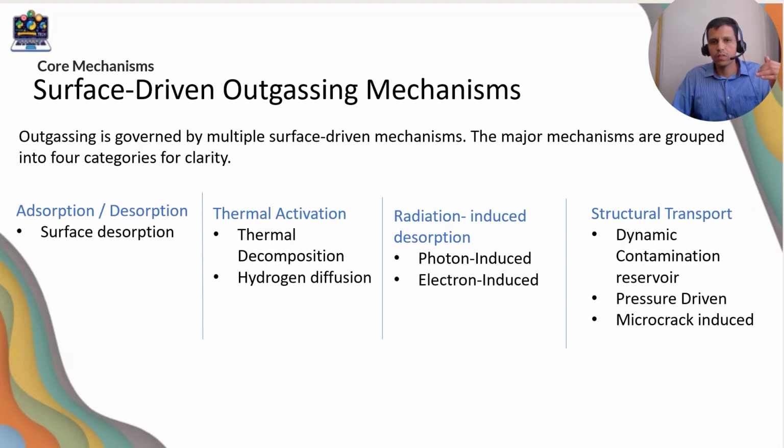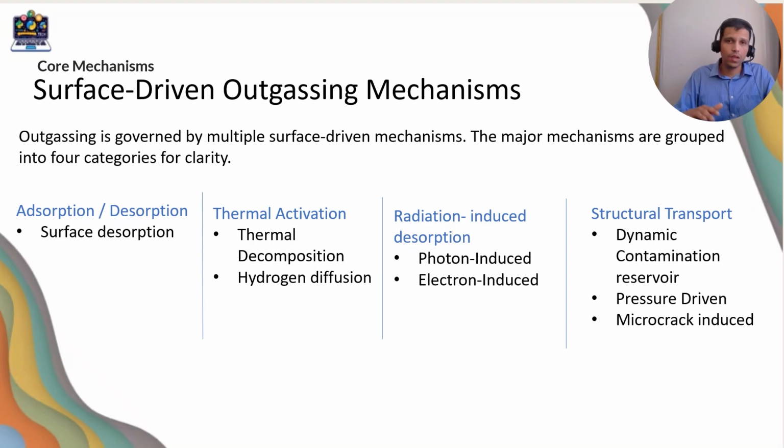First, surface adsorption and desorption, which only talks about the surface level and how the molecules on that particular surface dissolve. The key factor is how that particle is connected with the surface. Then the thermal activation: when the system is installed, it depends on the temperature, and those are the different gassing mechanisms.